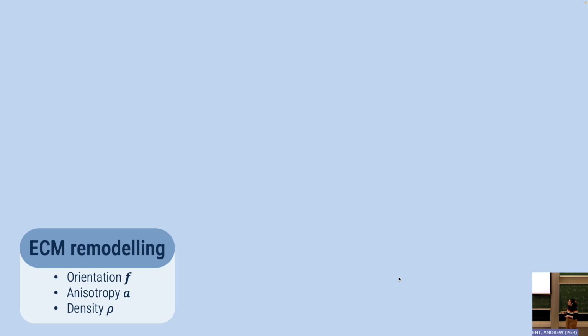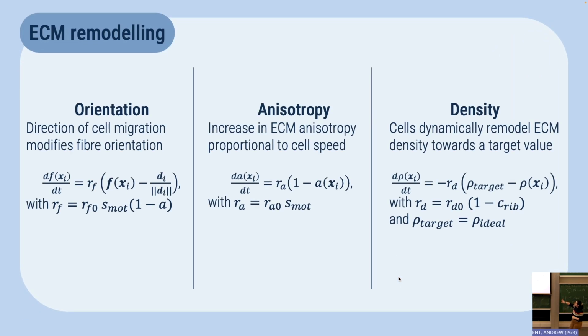Remodeling. I'm not going to go through all of these equations, but essentially there's just a description. The orientation of the fibers will change depending on the direction of movement of the cells. Anisotropy increases proportionally to the cell speed. What is interesting is how the density changes. The density of the ECM changes towards a target value.